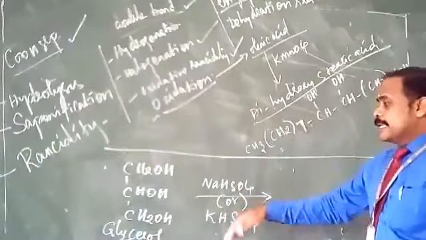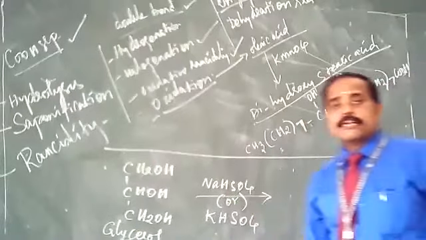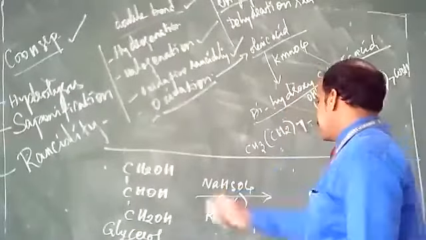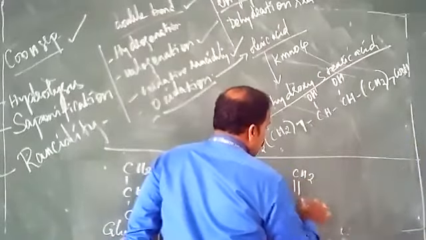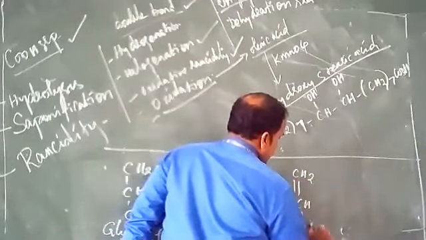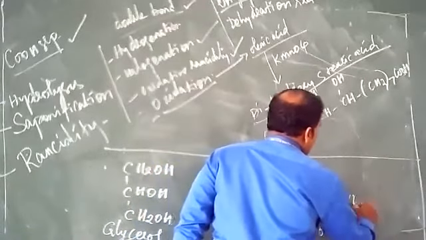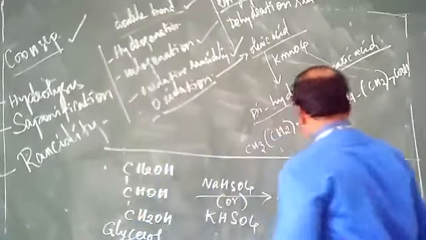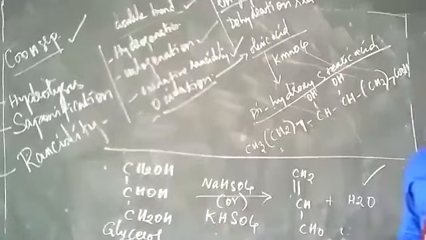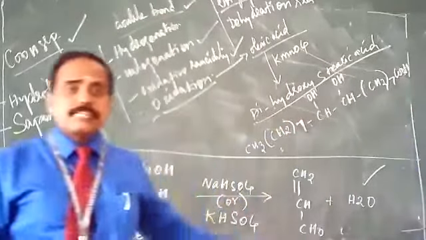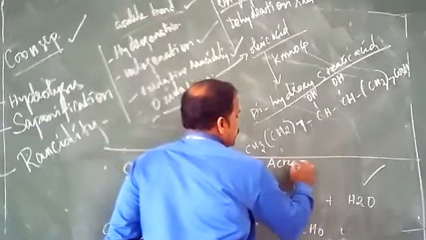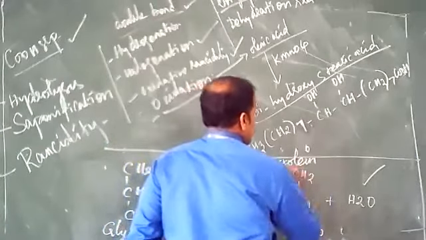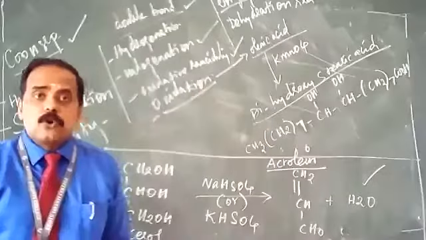Any one can be used as a dehydrating agent. What happens here is it forms CH2 double bond CH, CHO, with removal of water molecules. As a result of removal of water molecules, it forms an unsaturated aldehyde, which is named acrolein.